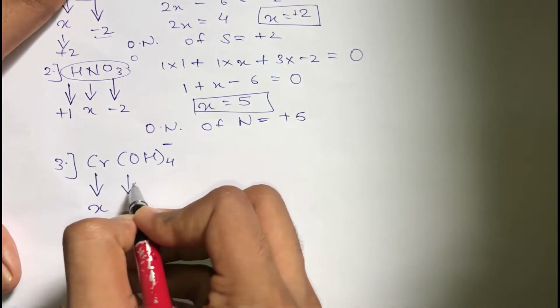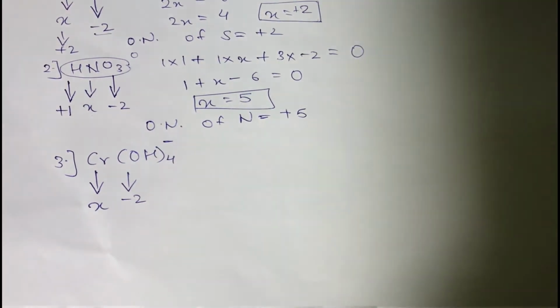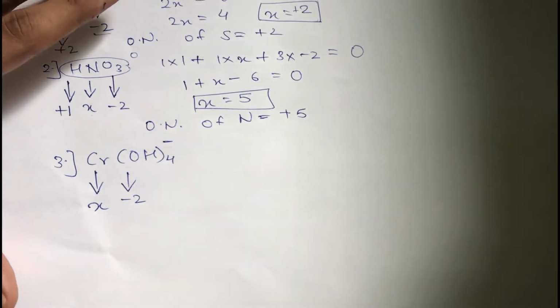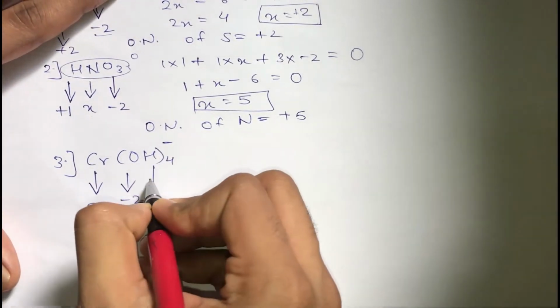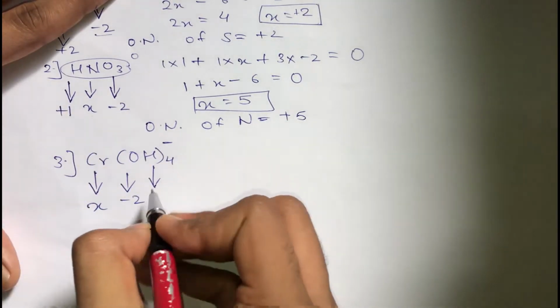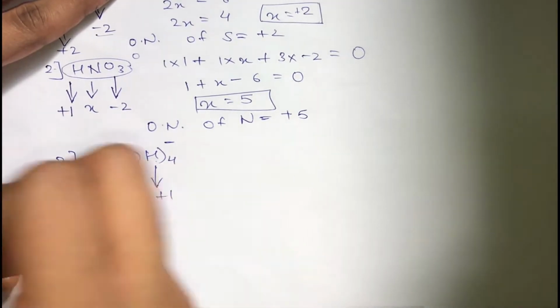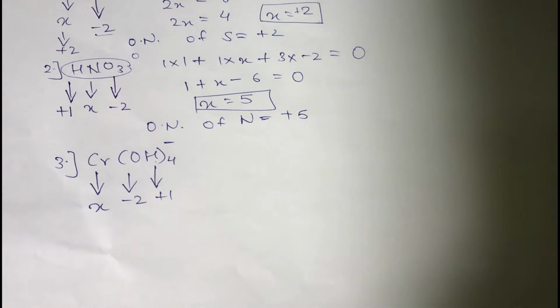It is obviously -2. Why -2? Because usually the oxidation number of oxygen is -2 and it is not a peroxide molecule, therefore it will be obviously -2. Then for hydrogen it is obviously +1 because hydrogen is bonded to a non-metal.